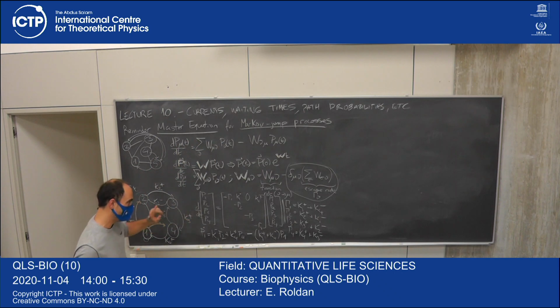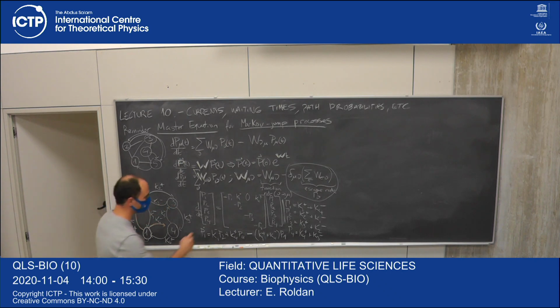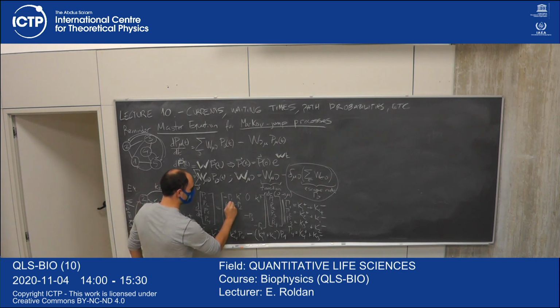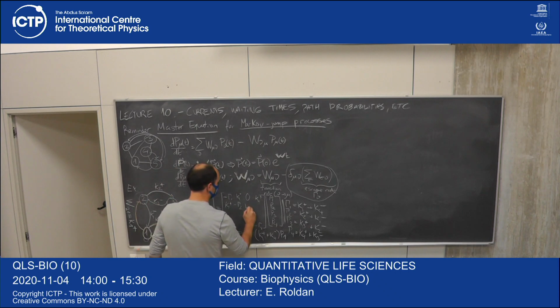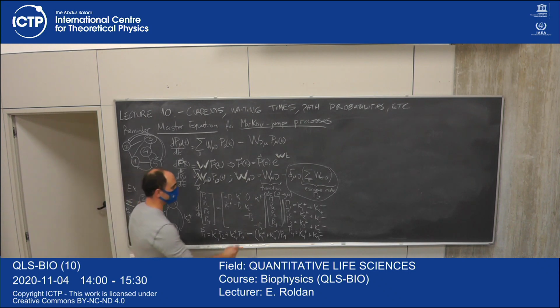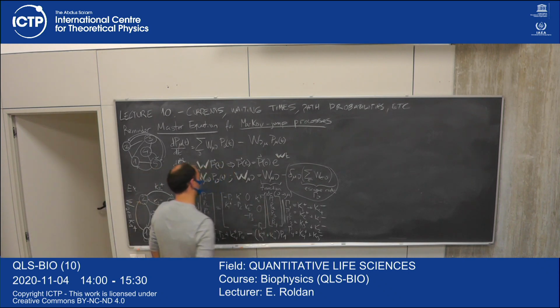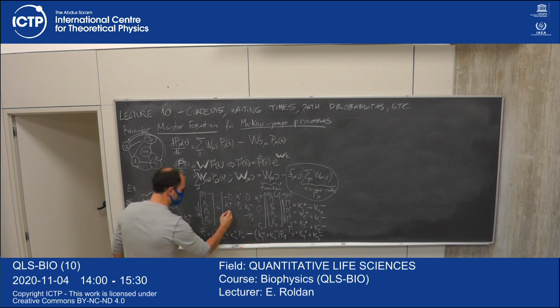Now for P2, I have gain terms from 1 and from 3. From 1 I come with K1 plus, and from 3 I come with K2 minus. From 4, 0. I cannot jump from 4 to 2. This is 0. Okay. Then to 3, from 1, I cannot go.